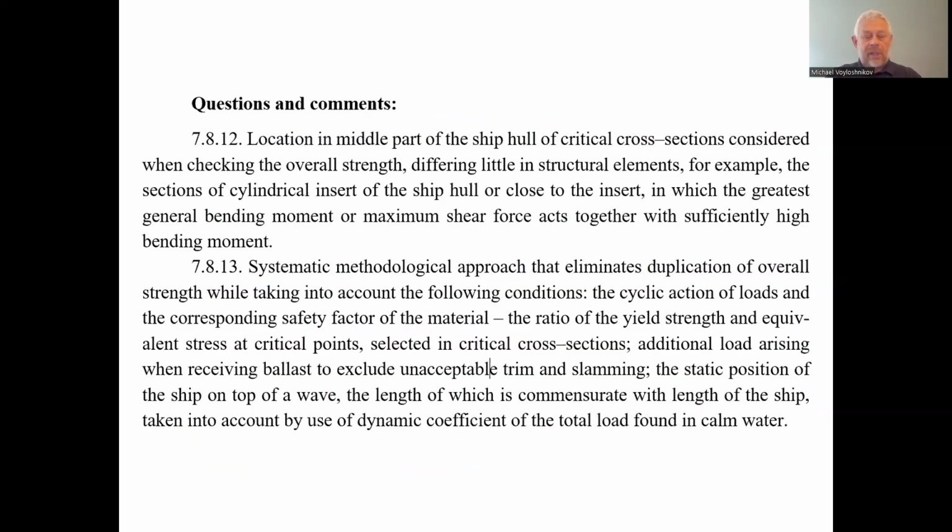7.8.12 Location of the middle part of the ship hull, the critical cross-section considered when checking the overall strength, differing a little in structural elements. For example, the sections of the cylindrical insert of the ship hull, or close to the insert, on which the greatest general bending moment or maximal shear force acts together with a sufficiently high bending moment.